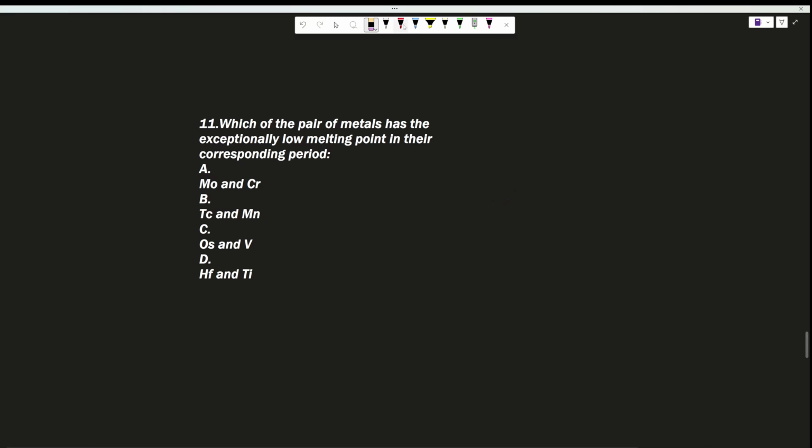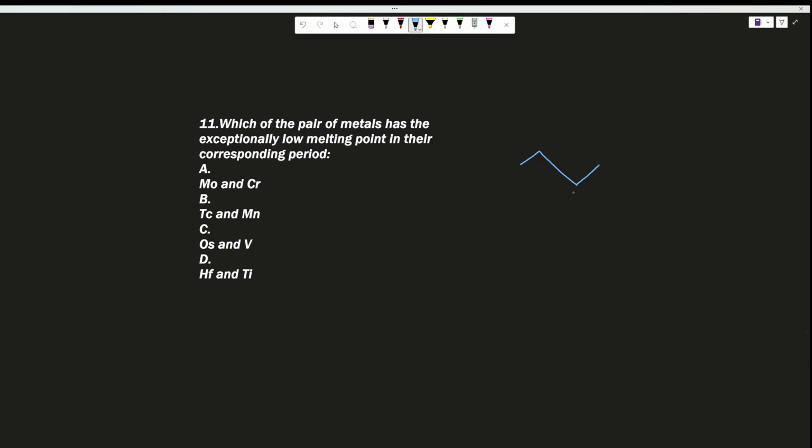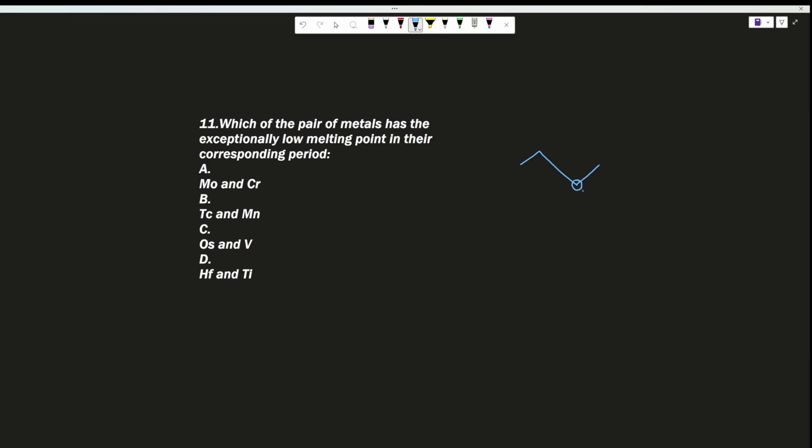So the curve will be shown like this. It will come down, then go up. So this will be the minimum, that is manganese, which is not as expected, due to its internal structure, so there is an exception.